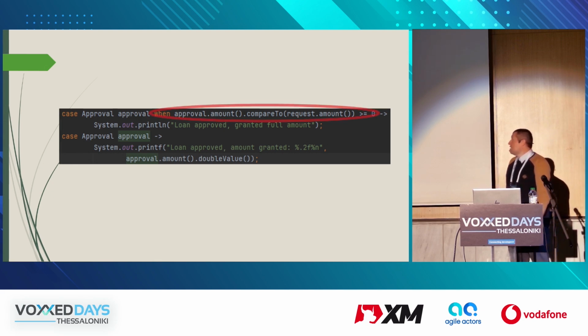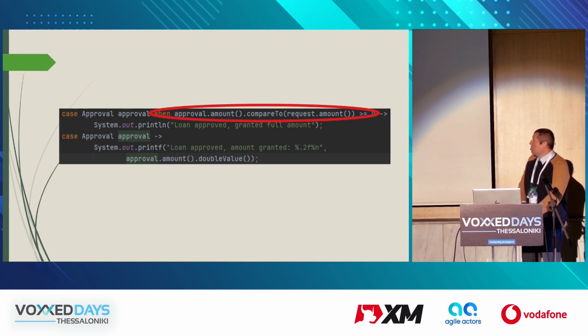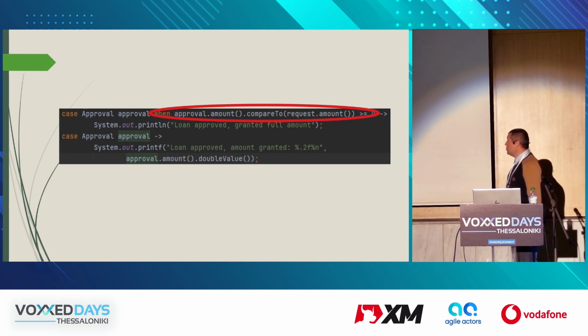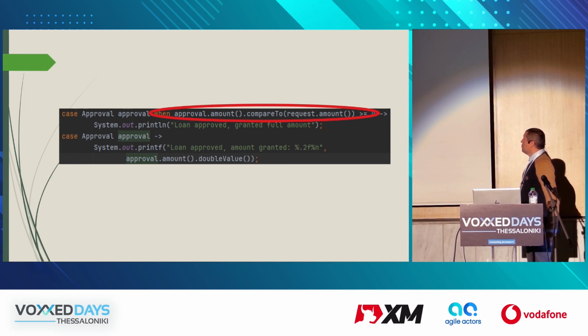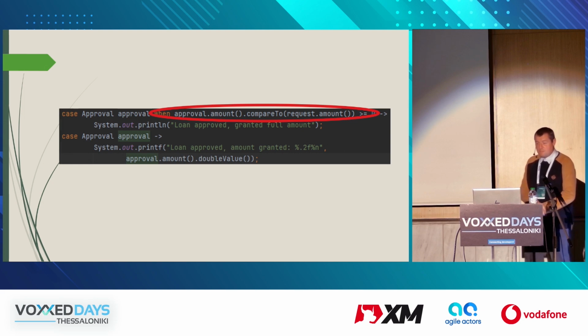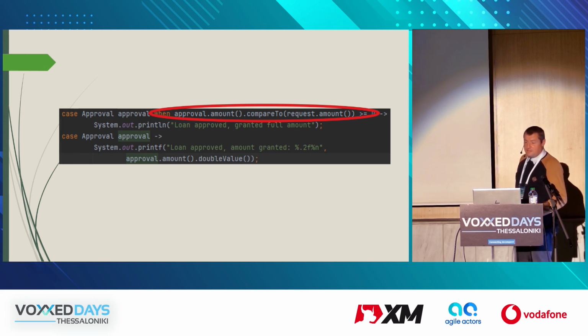And these guarded patterns allow us to add an additional switch branch, also with this approval pattern matching, but with an extra condition. And the condition is, of course, in our case, just checking whether this amount is more or less than the request amount. Okay. And what is more, you can see another thing, how this construction is being done.